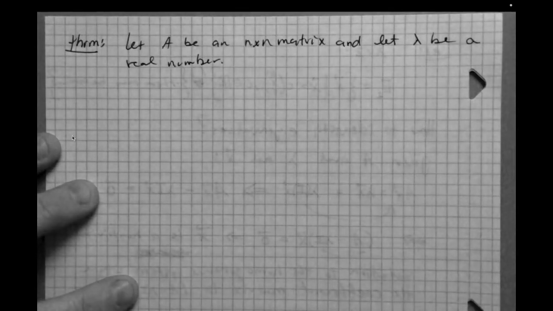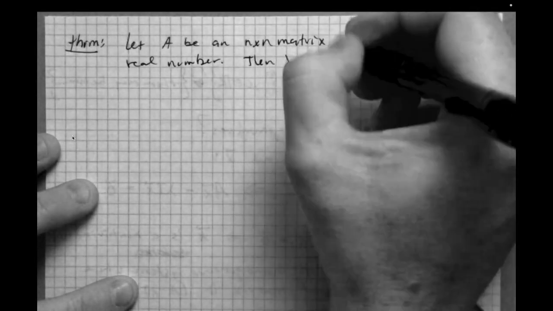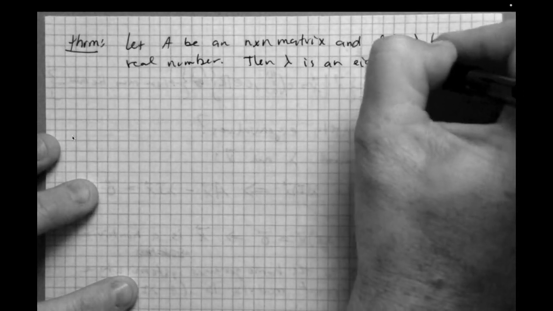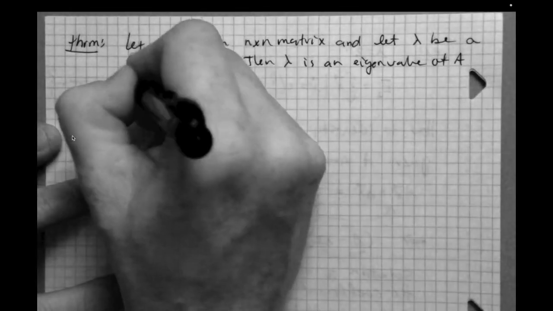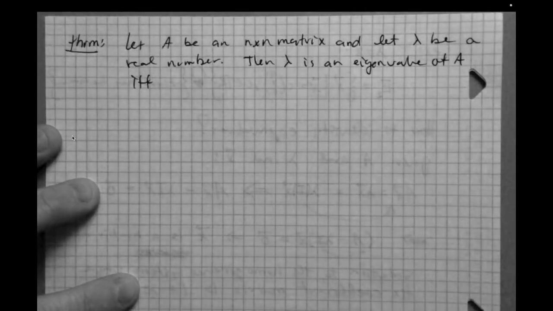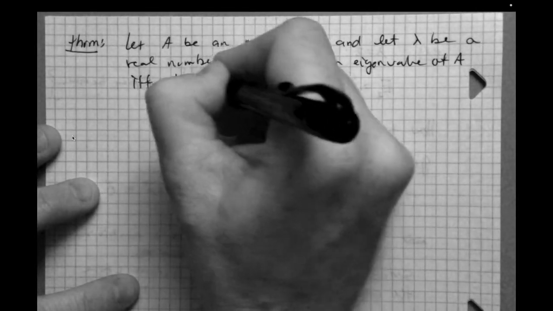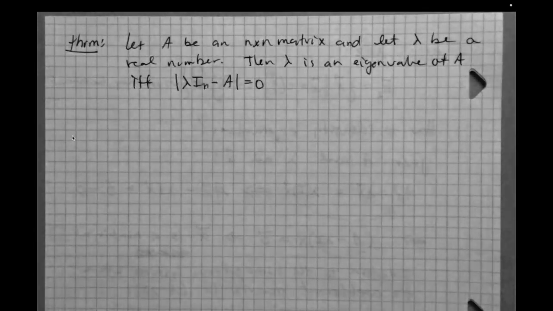Then we say lambda is an eigenvalue of A if and only if the determinant of lambda times I minus A is equal to 0.